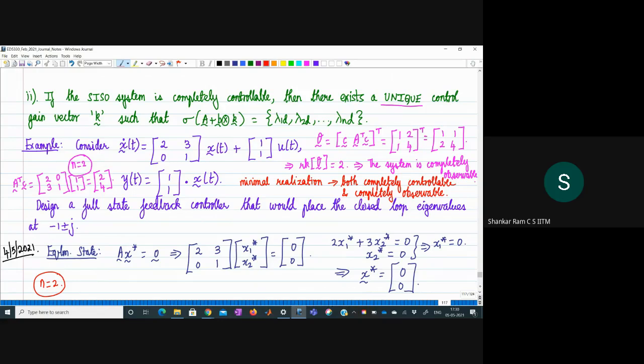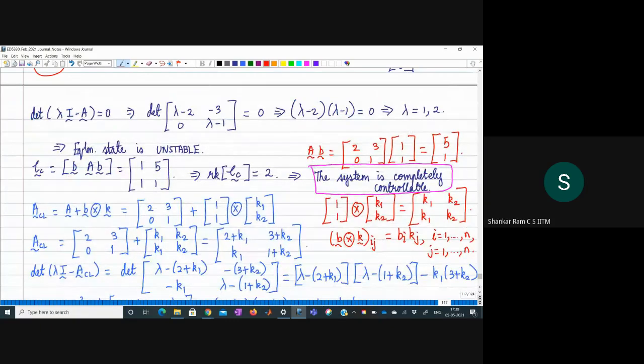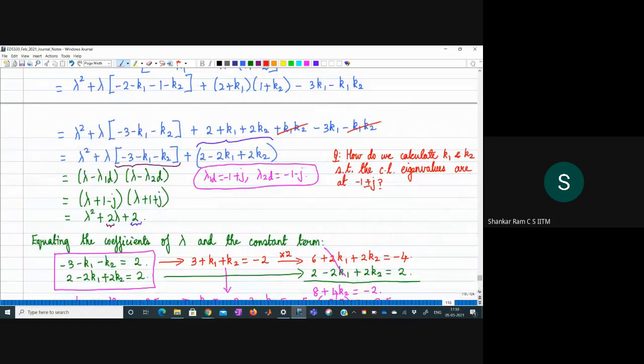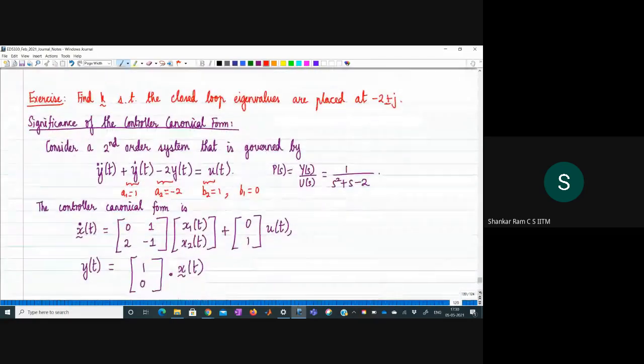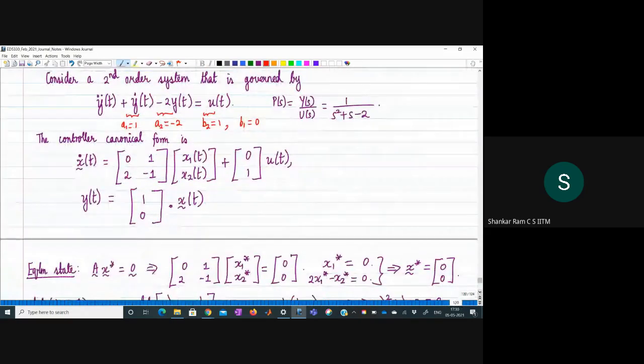Now we will evaluate observability for the other example from the previous class. Once again the observability matrix O will be C and A transpose C, the whole thing transposed. Here n is 2, so we go to n minus 1, which is only 1.